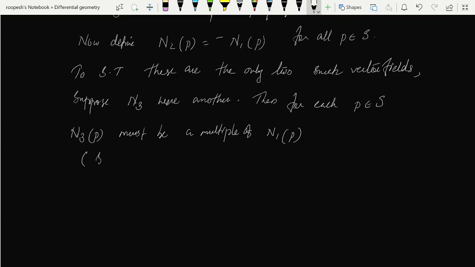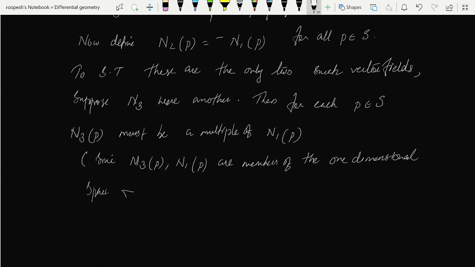So since n3 of p, n1 of p are members of the one-dimensional space, del f of p, we will say that the space we can represent as S_p perp. S_p means tangent space, so it is S_p perp, which is contained in R_p^(n+1).